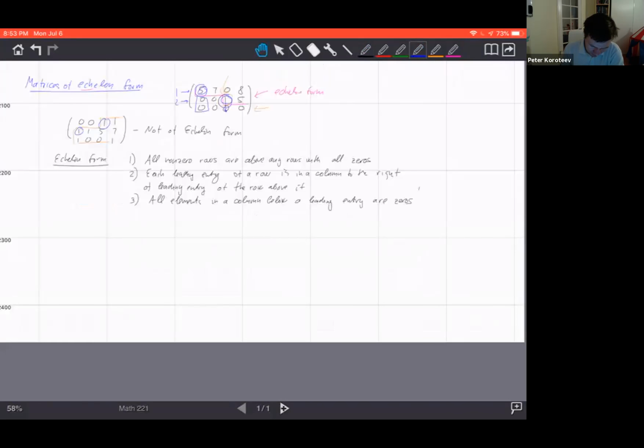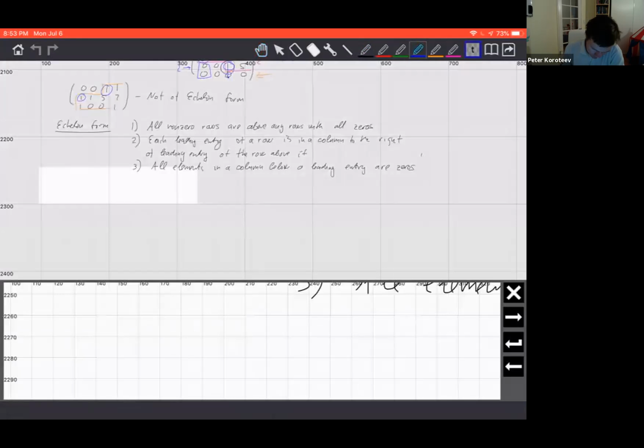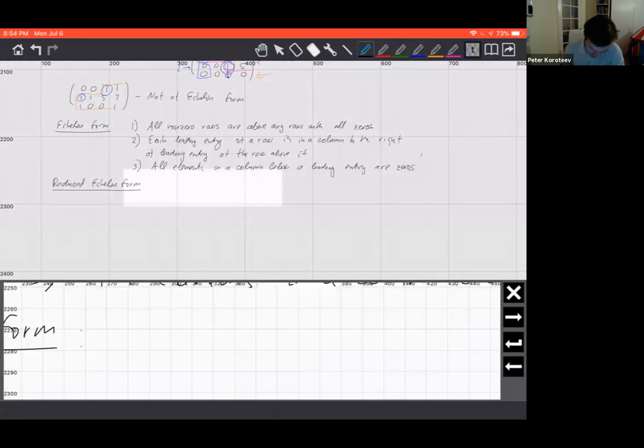And then on top of that, we'll also talk about so-called reduced echelon form, which on top of rules 1, 2, 3 above also adds number 4, that the leading entry in each non-zero row is 1.